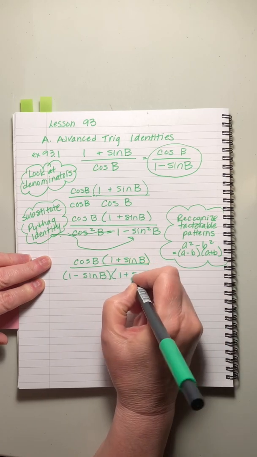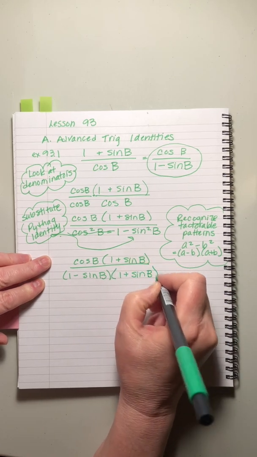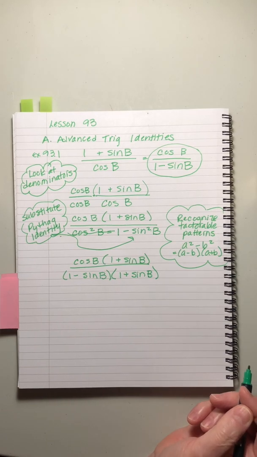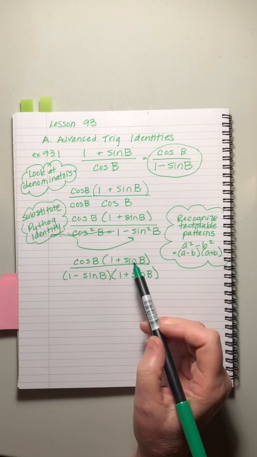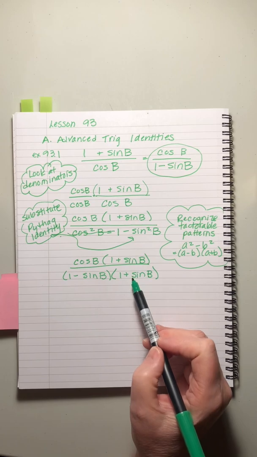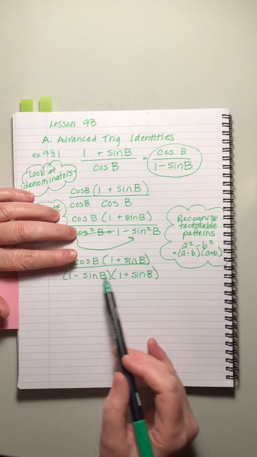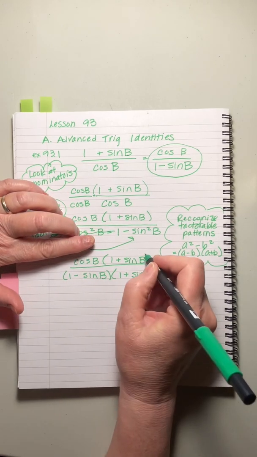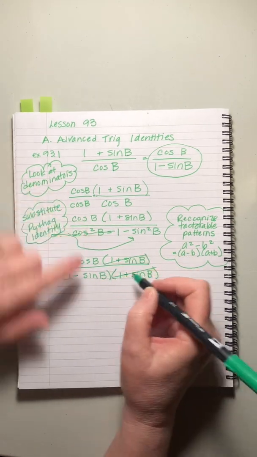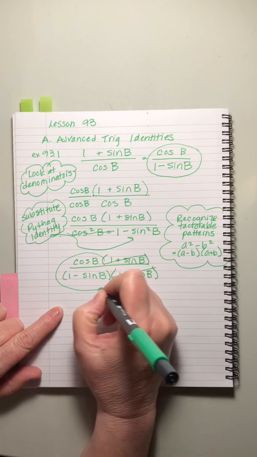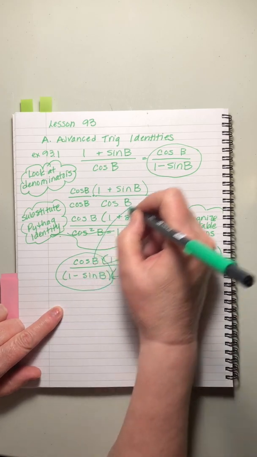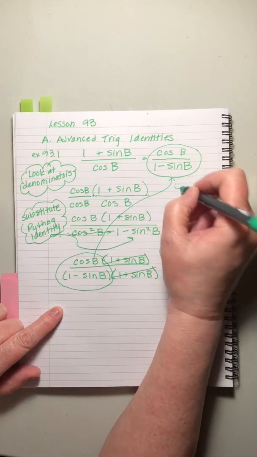And 1 plus the sine of b. Oh, now I'm excited, because look, those two will cancel. They have addition in them, but they're only being multiplied as quantities, so we're allowed to cancel them. So that cancels and that cancels, and look what I have right here. There it is. We did it. Yay.